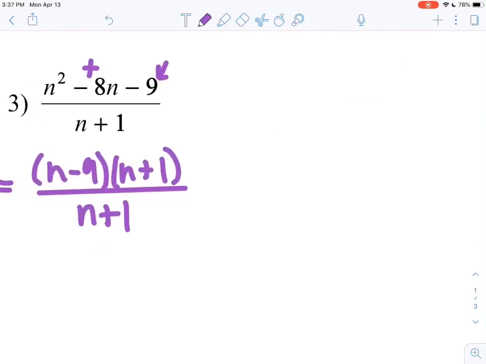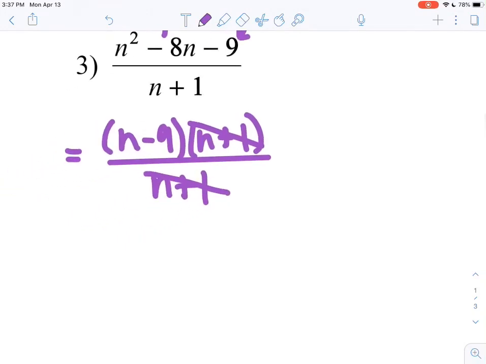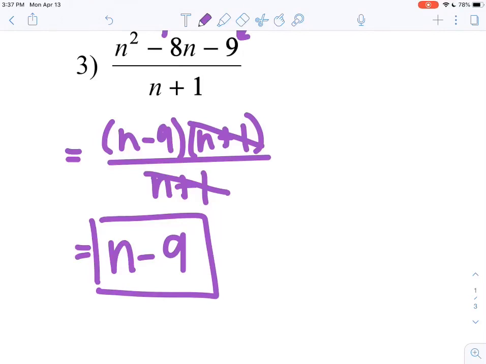Okay, so I'm looking for whole binomials that match. So I have one from the numerator, one from the denominator. Okay, it can't be on the same level. One has to be on the top and one has to be on the bottom. Now, these match exactly, so I could cross those out as a whole. Notice I'm not crossing out pieces of them. I'm crossing them out as a whole. And then my final answer is just what's left, what I didn't cross out, which is n minus 9. And then that's your final answer.